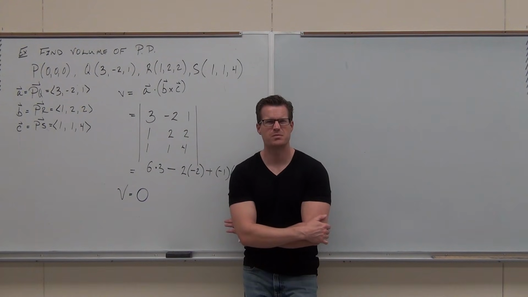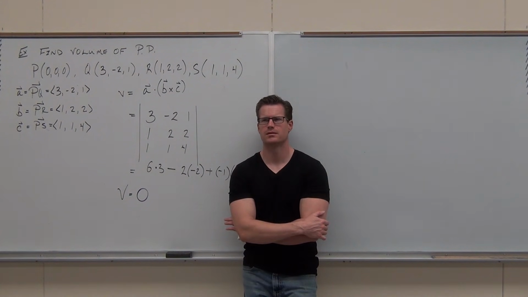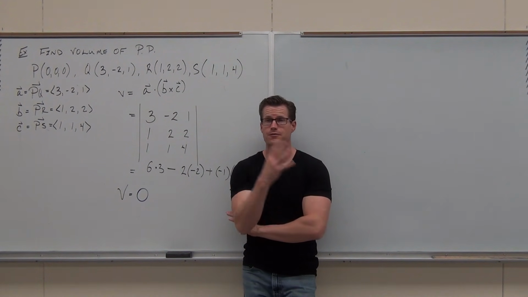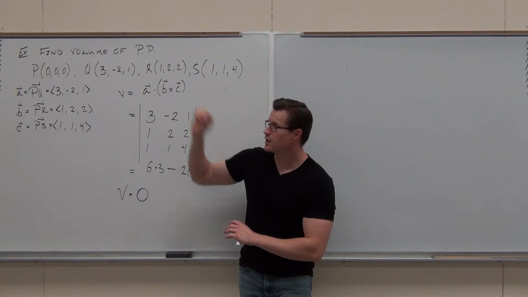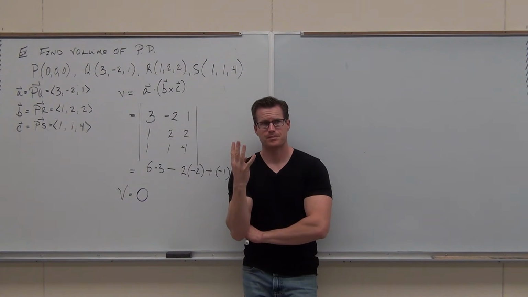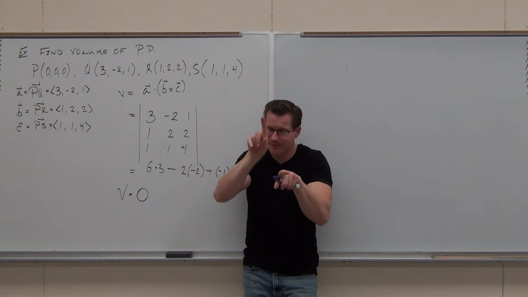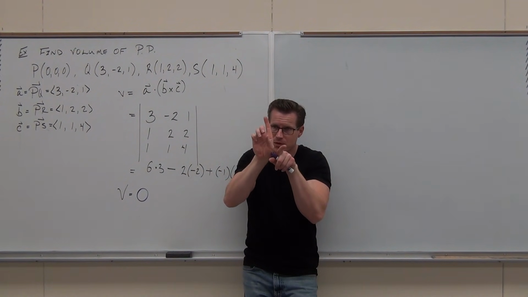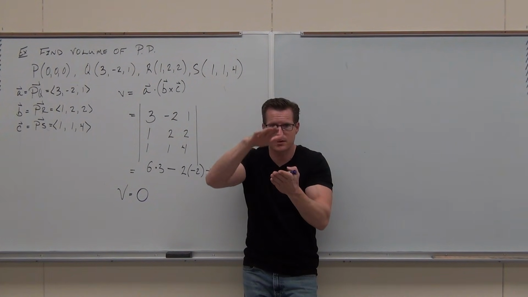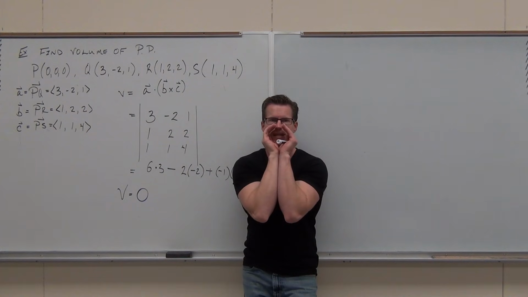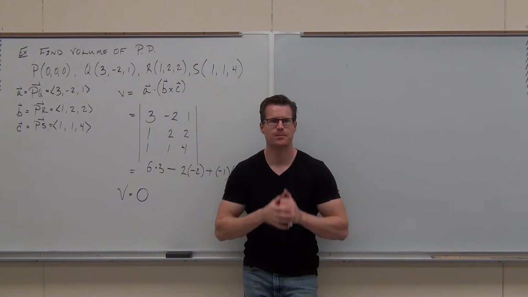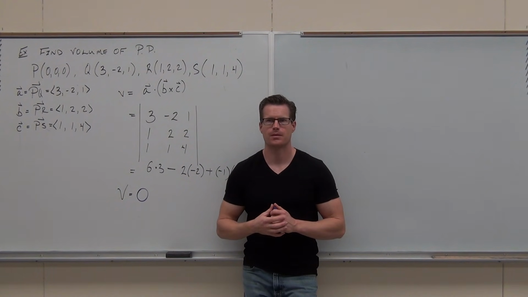Okay, which means what? If you have 4 points and you do this thing where you make this and you get the volume is 0, which means the height is 0. What's it tell you about those 4 points? They can't be equal, okay?